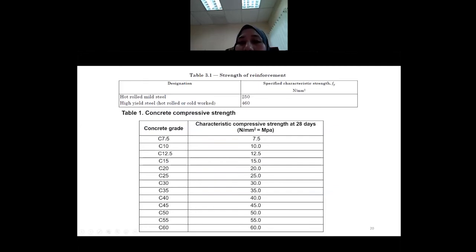So if you look at here, you nampak ada concrete grade. Okay, so C7.5, C10. So C7.5 means that the strength is 7.5 Newton per mm square. Okay, sama juga kalau C25 means the strength is 25 Newton per mm square.